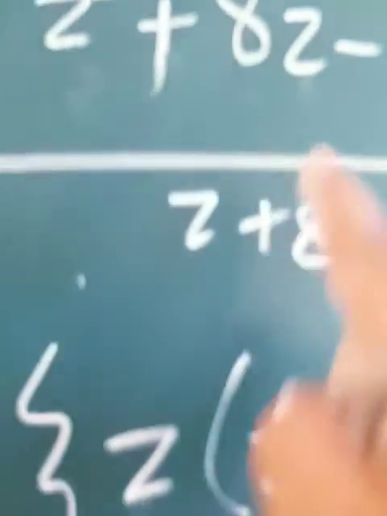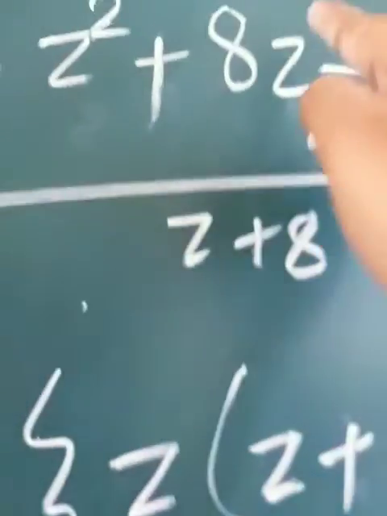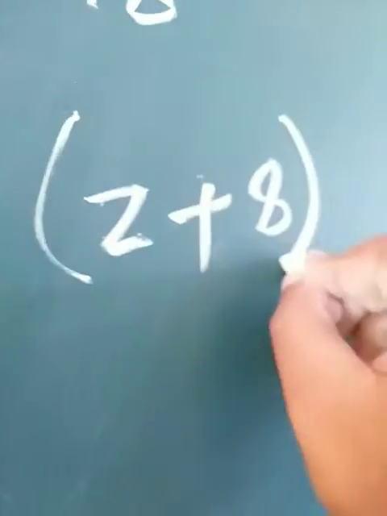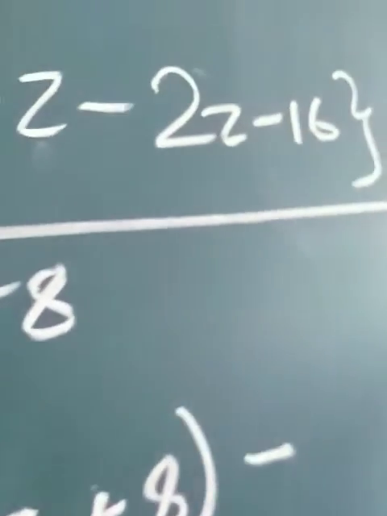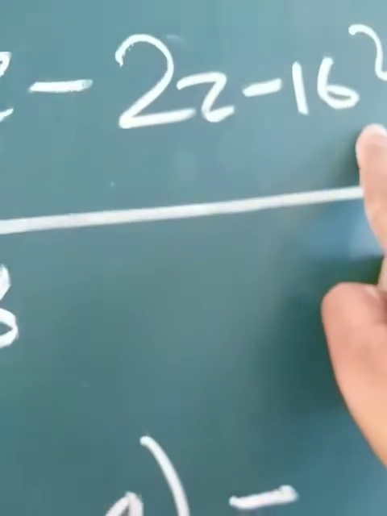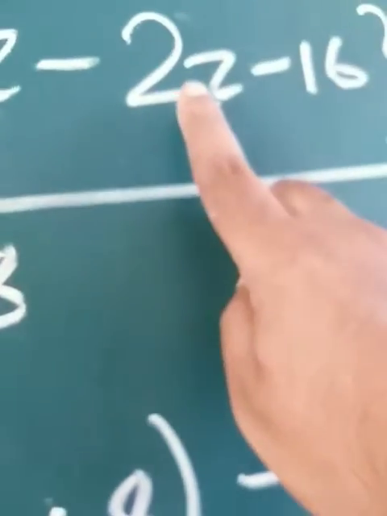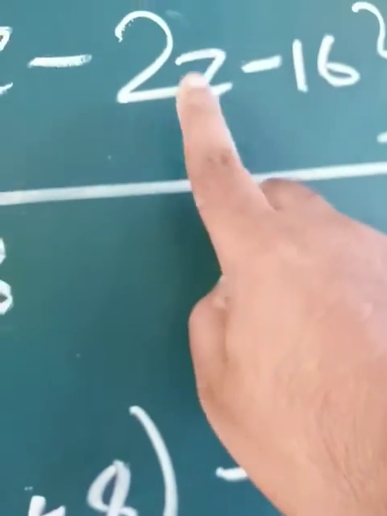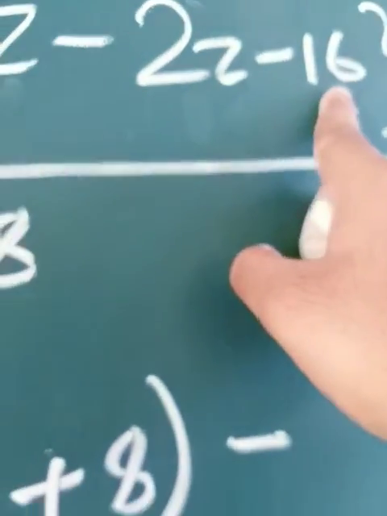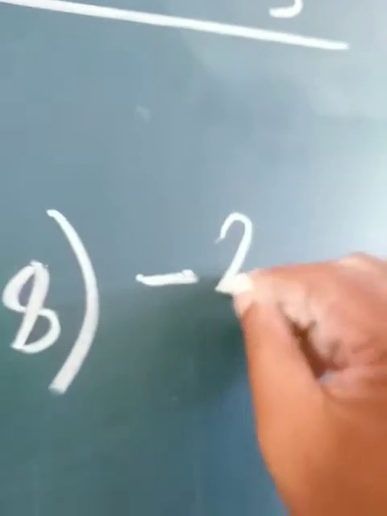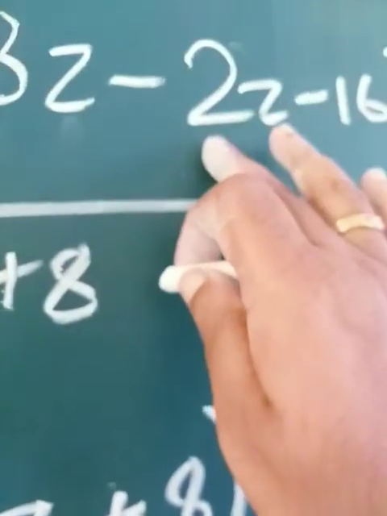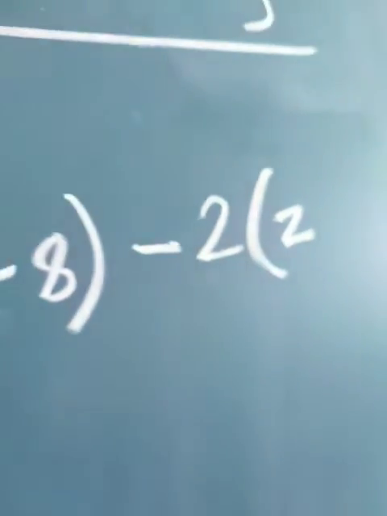Now if we divide 8z by z, what is the answer? This z will be cancelled. So the answer would be 8. Now give minus sign. Now from these last two terms, z is not possible as a common factor because the last term is not carrying z as a factor. So we have to take 2 as a common, because 2 divides 2z and 16 is also divisible by 2. So when we take 2 as common, and if you divide 2z by 2, this 2 will be cancelled. What will be the answer? z.